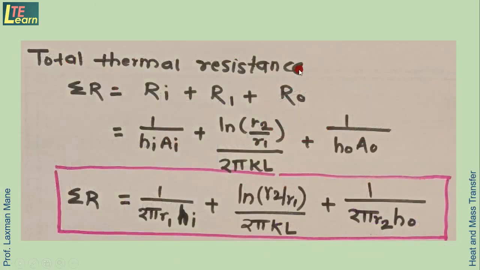Now the total thermal resistance will be the summation of these 3 resistances, in the form of area formula. Here 1 upon Ai is 2 pi r1 into Hi, plus natural log r2 by r1 divided by 2 pi KL, this term as it is, plus 1 upon Ho multiplied by Ao, which is 2 pi r2, the outer surface area of the tube.